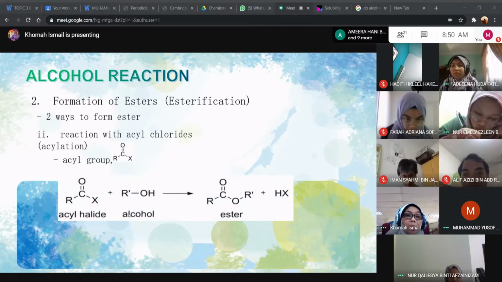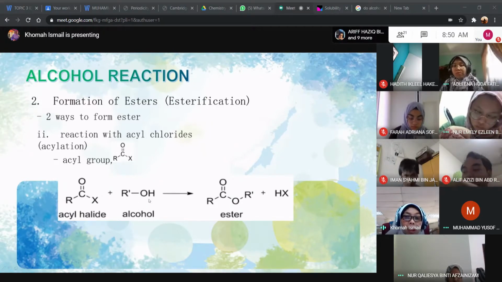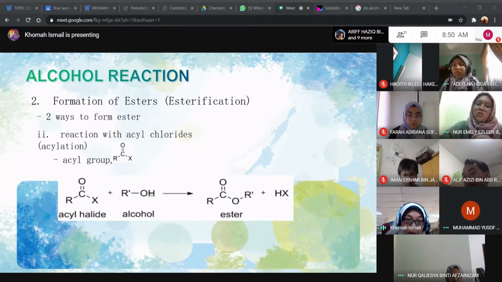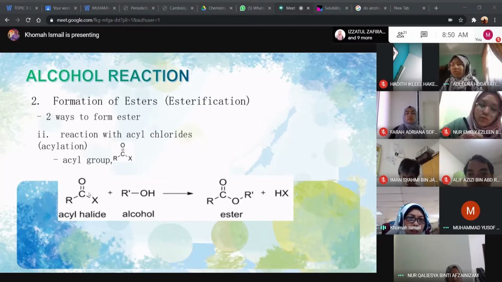If your acyl chloride reacts with your alcohol, the fission is the same, between O and H. The OH is broken, the O will be here with the rest of the R. So this O is from the alcohol, and you still get an ester.